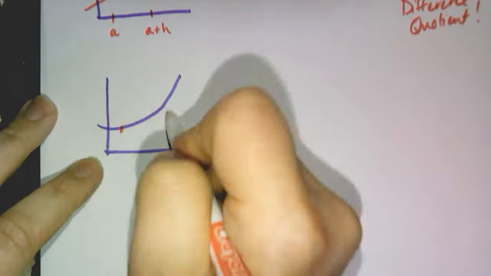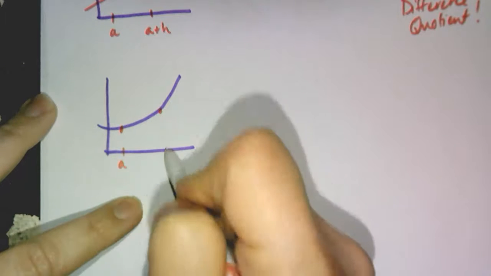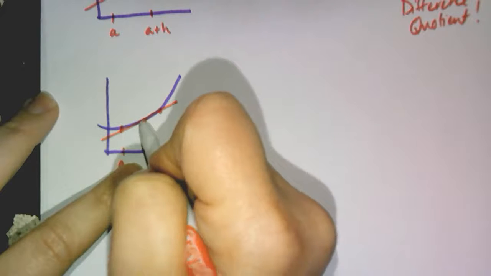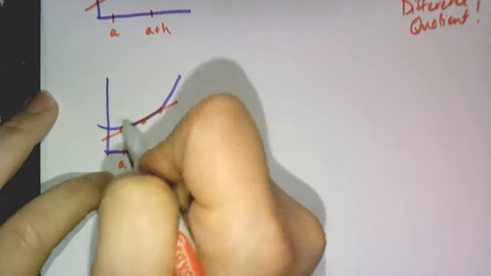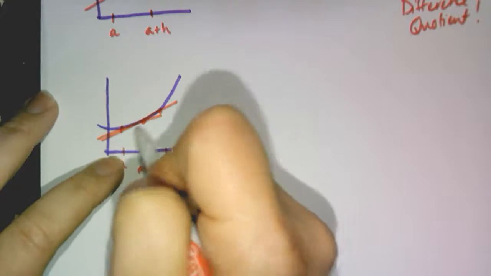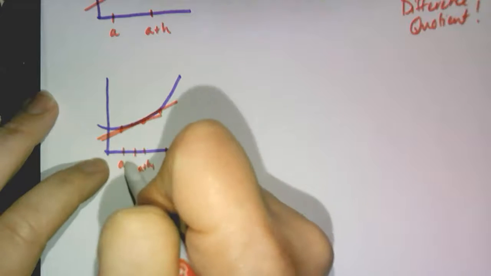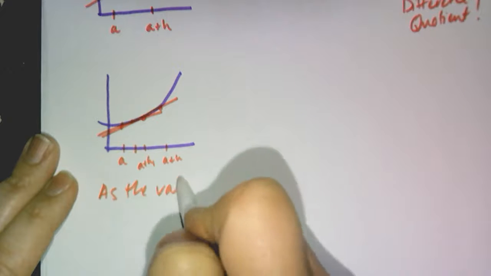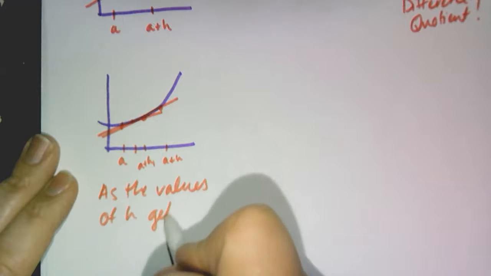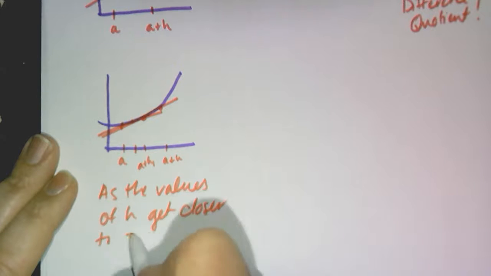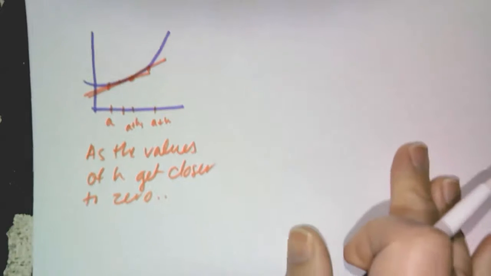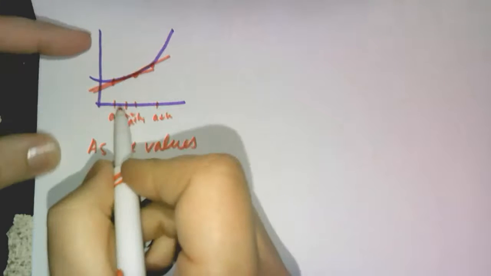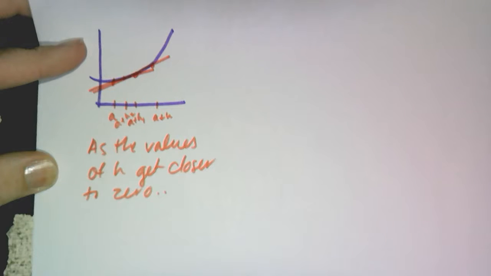I want, if this is A and then this was your A plus H, and if I found the secant line here, but then I moved it closer to here, this would be A plus H1, and I made a secant line, and then I moved it closer and closer and closer. As the values of H get closer to 0, H1, this could be A plus H2, get closer and closer, what's going to happen to my secant line?